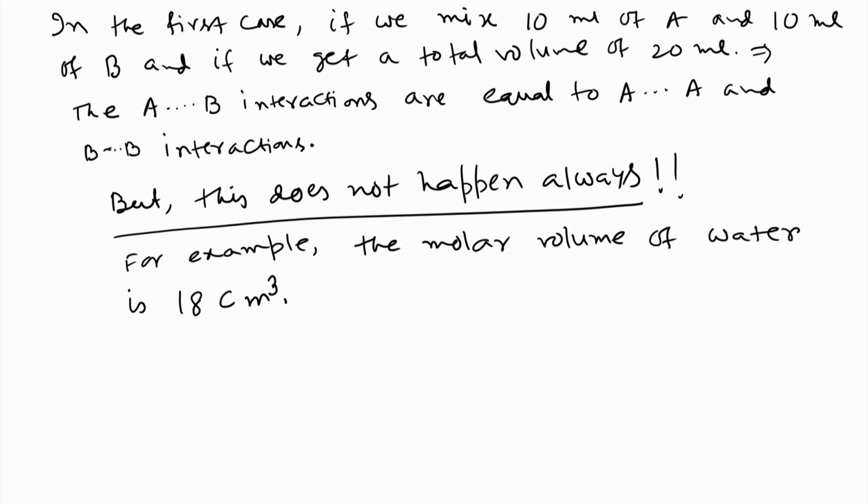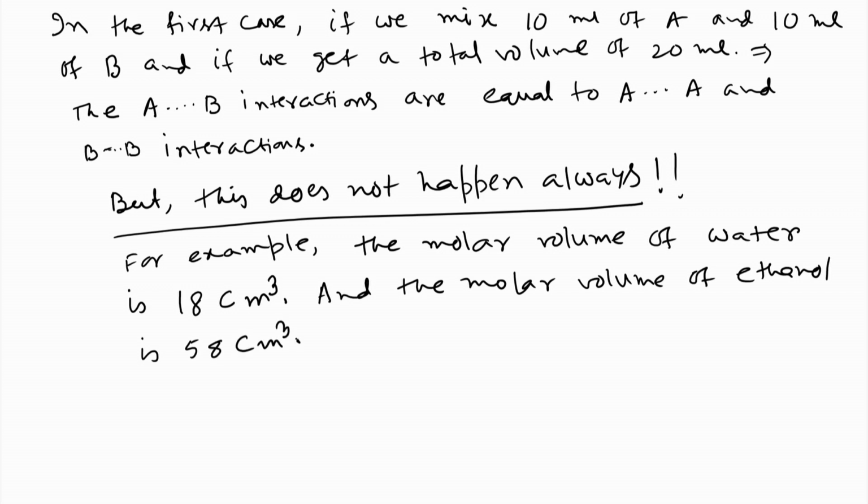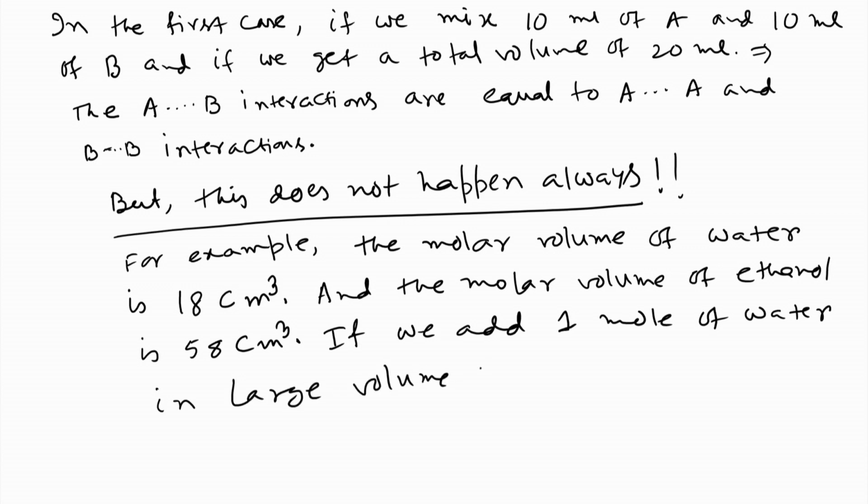We know that, right, the molar volume of water is 18 cm^3, and the molar volume of ethanol is 58 cm^3. Now, if we add 1 mole of water to a large volume of ethanol, then what do we expect?